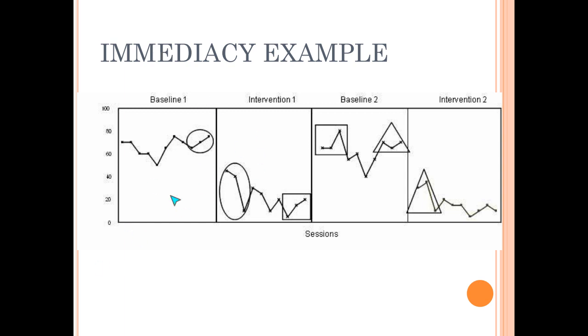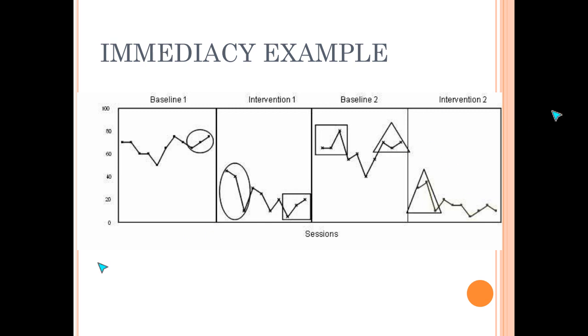The treatment is withdrawn, as I explained in the very beginning, and you're seeing the same pattern very rapidly. So there's a lot of immediacy. Same here. Immediate once you put intervention back on, immediately the data pattern goes down. You're seeing the same phenomena in this phase than you saw over here, right?